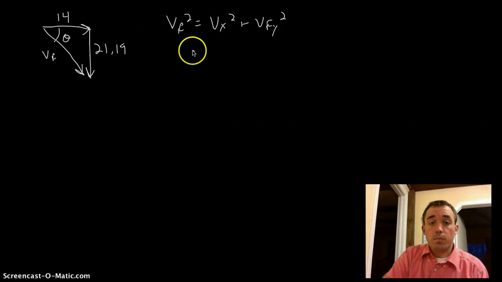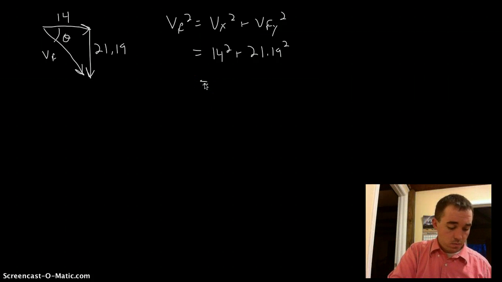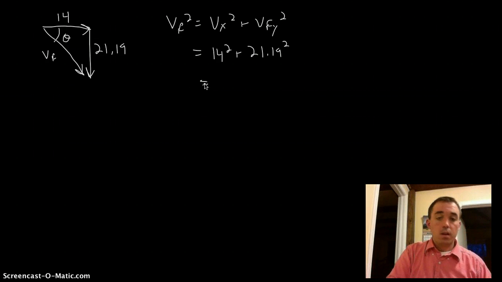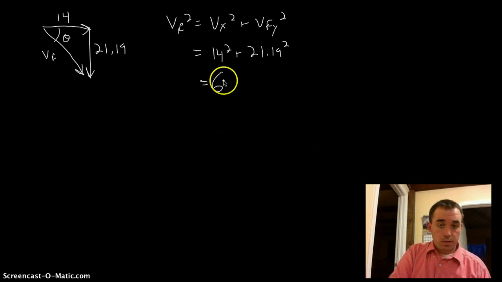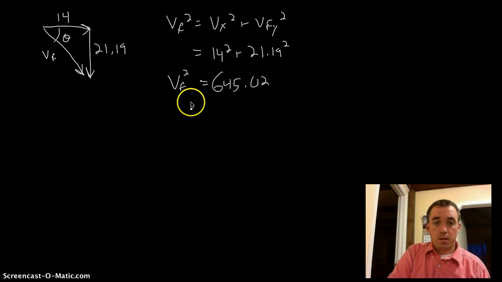So, plug in: 14 squared plus 21.19 squared. That gives you 645.02 is VF squared. So we have to just take the square root.